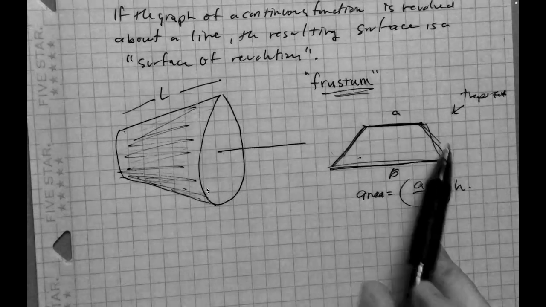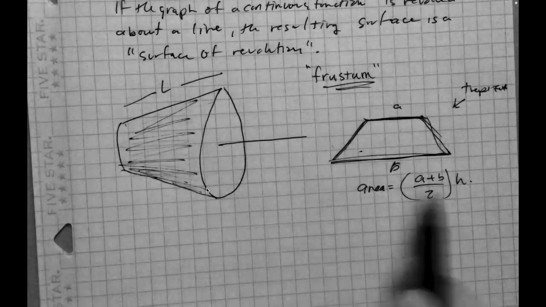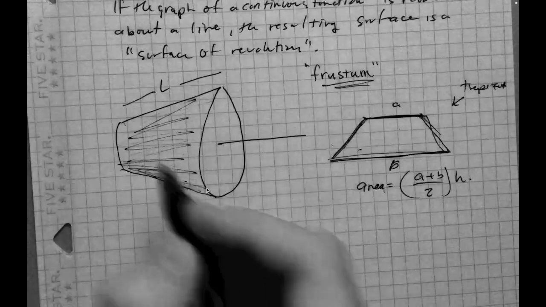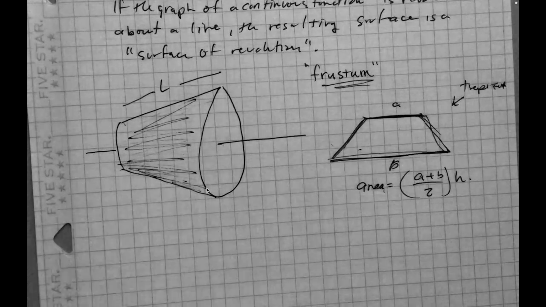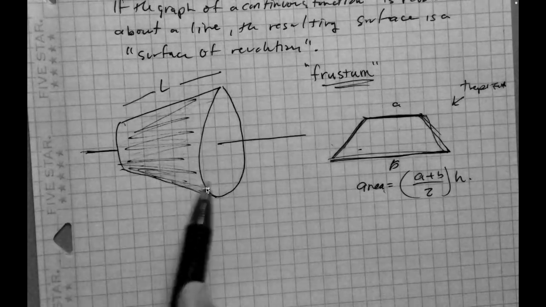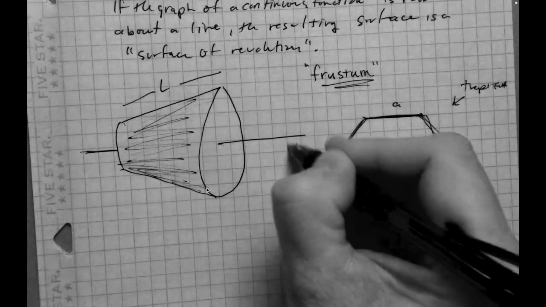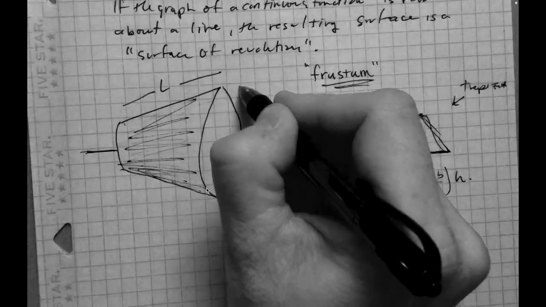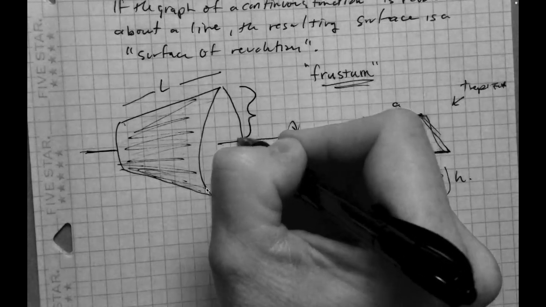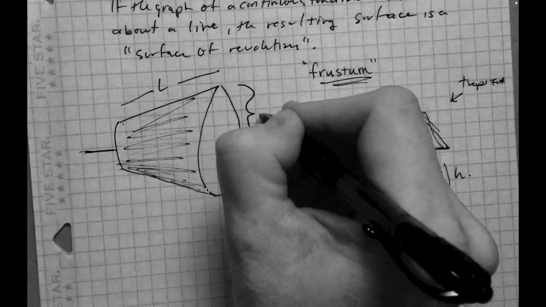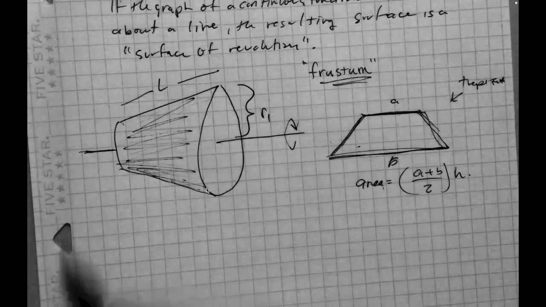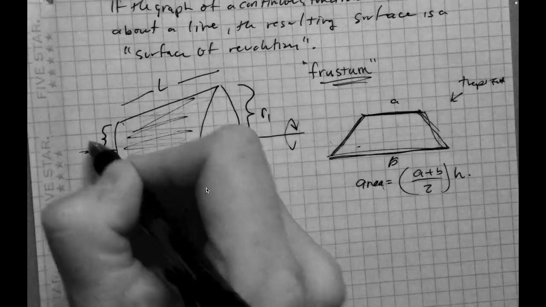We're going to do something a little bit different over here, but it's going to be based on this formula. You've got the axis of revolution, and then there's a radius here, which we can call R1, and a radius down here, which we can call R2.